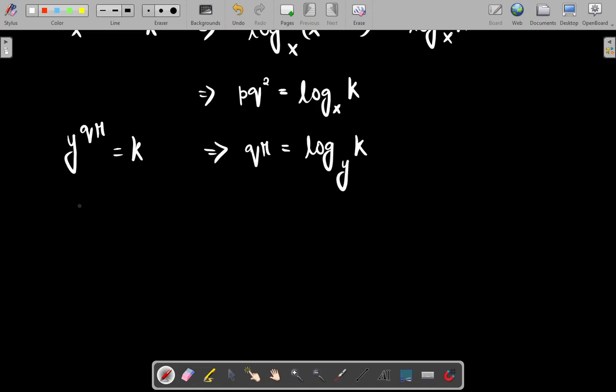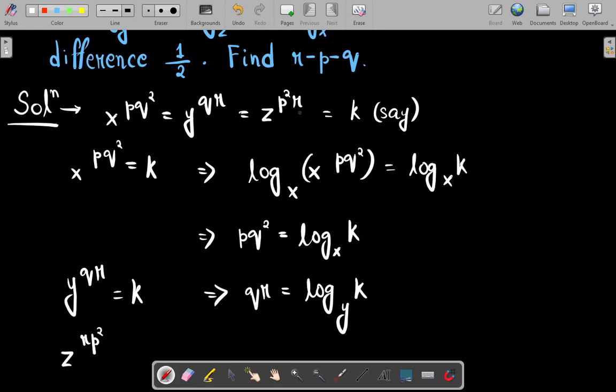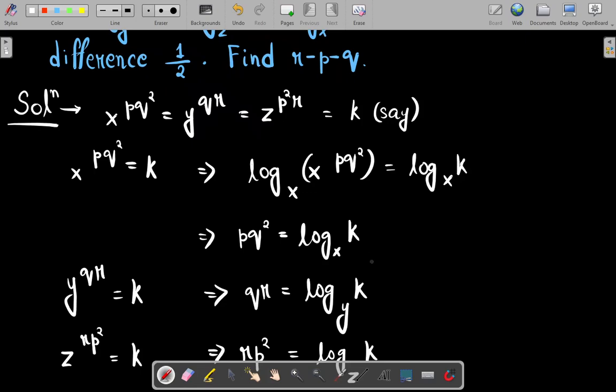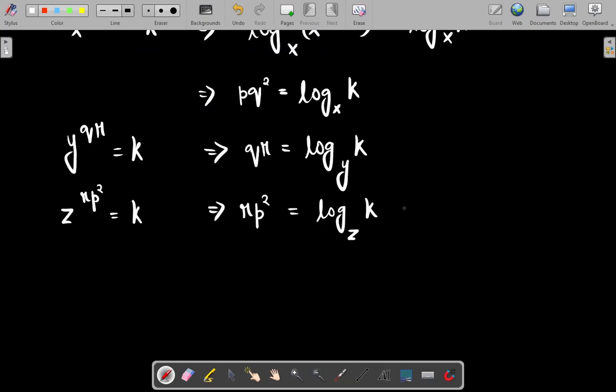And lastly z raised to the power rp square, yeah, p square r, I am writing it rp square, is equal to k. So this time we have to take log with base z. So this will give us rp square is equal to log of k to the base z. Okay, so these are the preliminary equations that we have got.